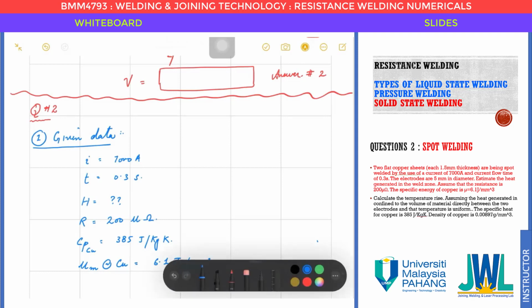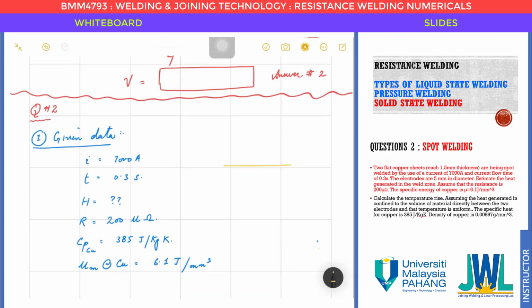Again, you've got two copper plates. Copper is a little bit goldenish in color. So you've got two copper plates. These copper plates are 1.5 millimeter thick.